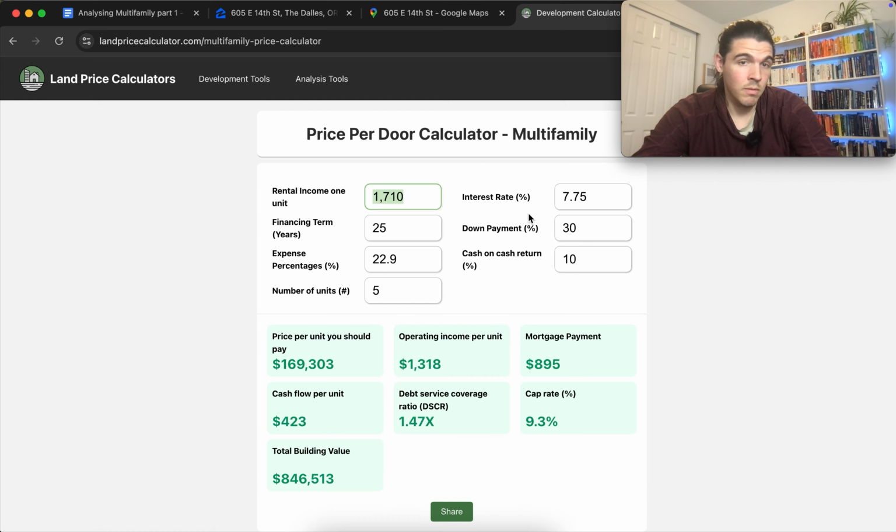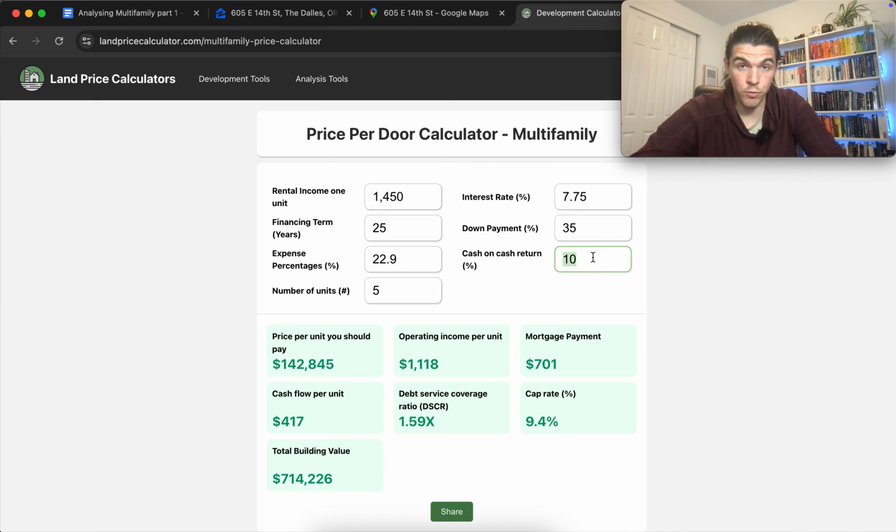Now, if you put in the rental income for 1 unit, that was $1,450. Interest rates are high sevens, low 8s. Let's go with 7.75. Got a down payment of 35%. My investors will want a 10% cash on cash return, so that's going to stay 10.